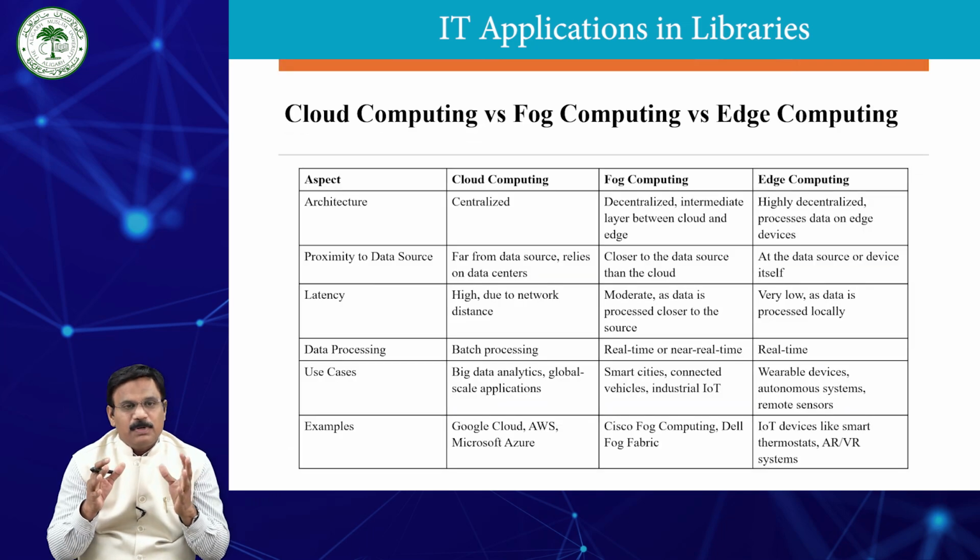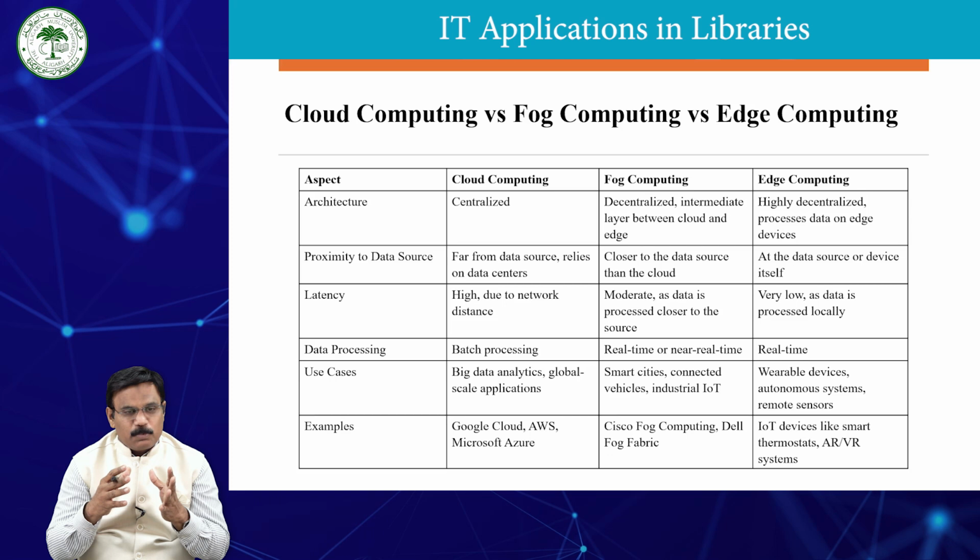So, this chart will give you a clear picture about how cloud computing, fog computing, and edge computing have differences in the technology. If you discuss here about the architecture, cloud computing is centralized, fog computing is decentralized, and edge computing is highly decentralized.